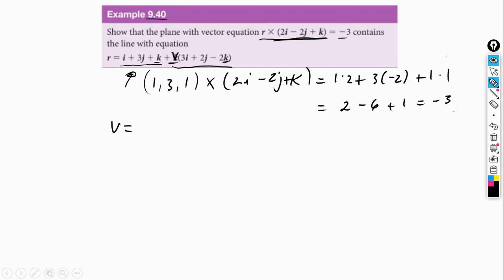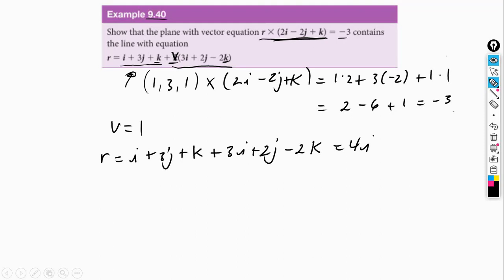Another way is giving a value to v. So let's say v equals 1. Then we would have equation r is equal to i plus 3j plus k plus 3i plus 2j minus 2k. And then here we get 4i plus 5j minus k, which would be a position vector for a point on line R. So then the dot product between this and the normal should also equal negative 3.